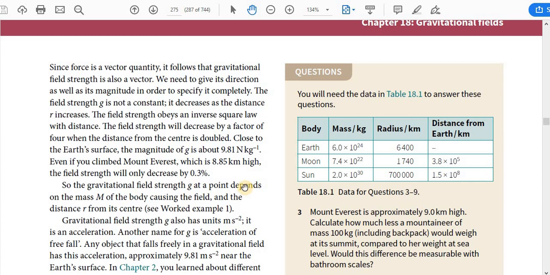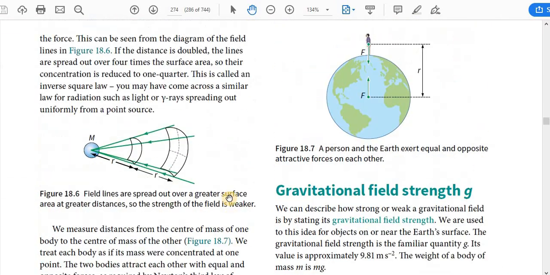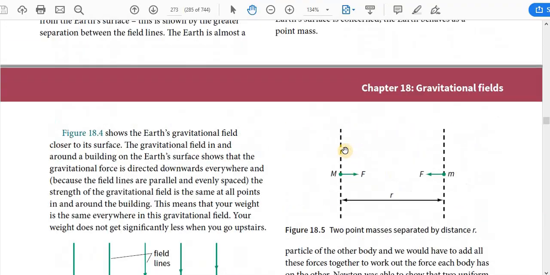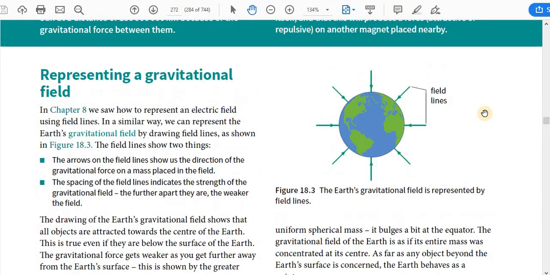Surface of the earth means we consider from sea level, so it doesn't change much, but it changes significantly if the distance is such that the earth looks like a point mass. So if it looks this size, and the movement changes the distance significantly, let's say it goes from here to here.